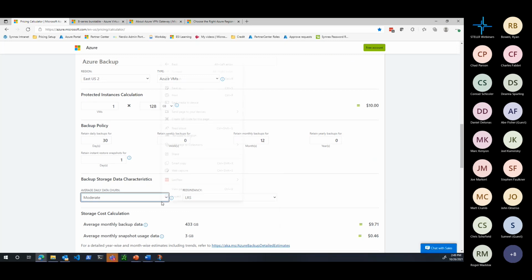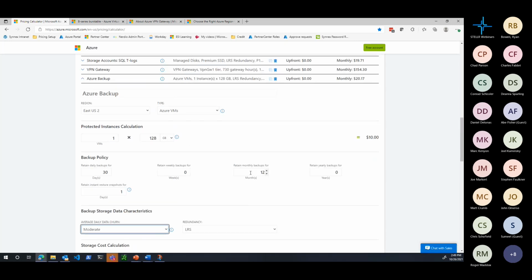And then obviously if the machine is changing a lot, that's going to determine how much data needs to be stored. So it calculates things differently if it's a high churn versus a moderate churn of data changing.